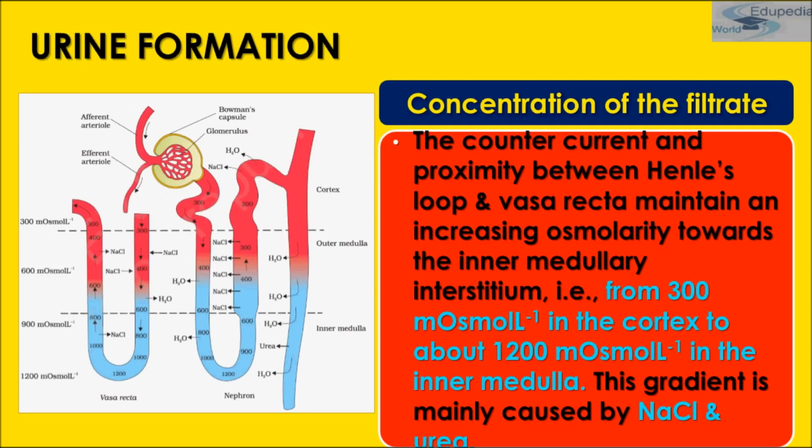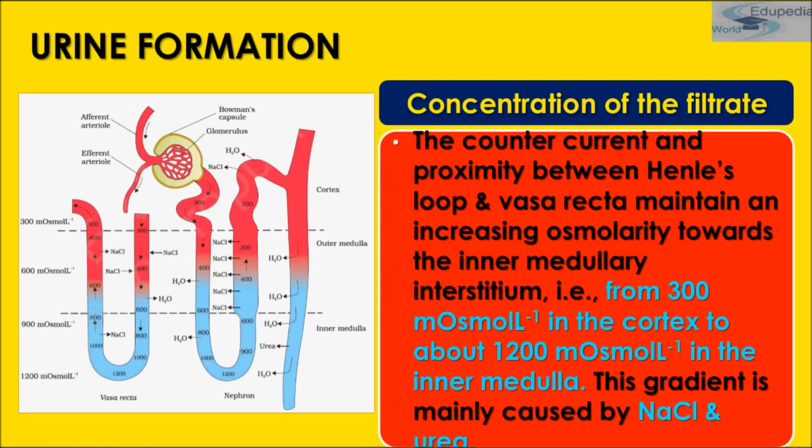As you can see, this is the descending loop of Henle and this is the ascending loop of Henle. The descending and ascending limbs are anti-parallel to each other, so the filtrate in these limbs moves in opposite directions, and hence the name counter current.